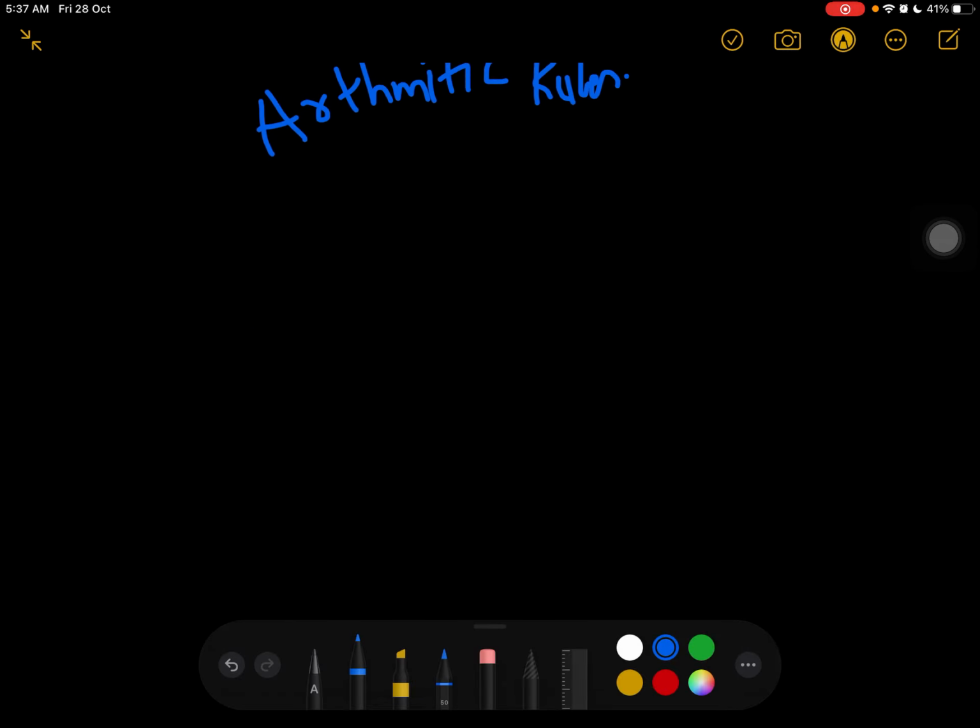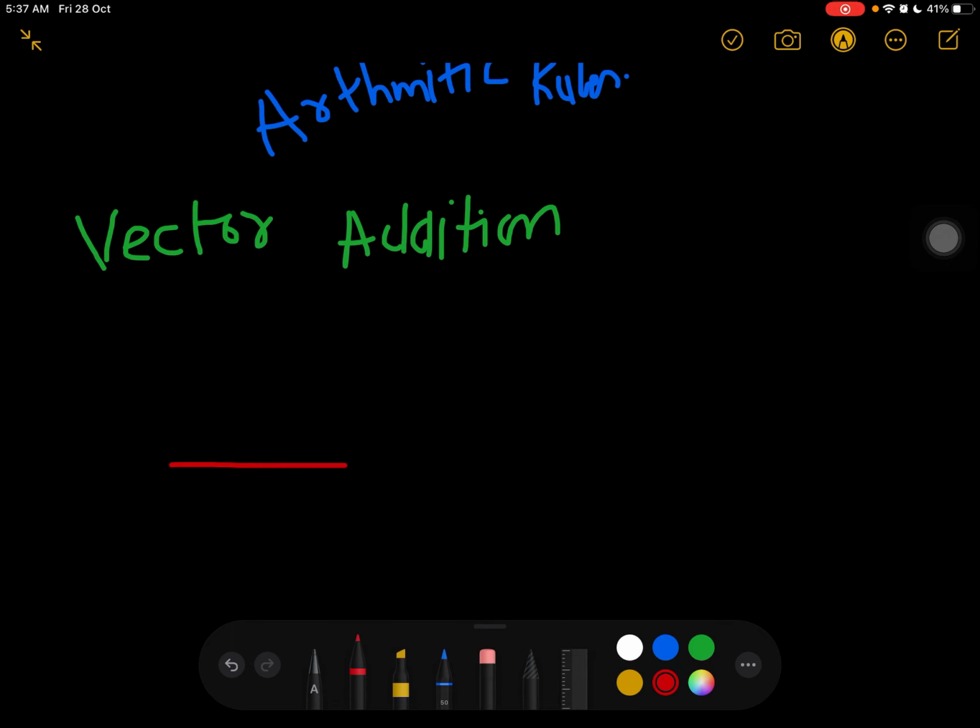Let's come here. But when we are adding vectors, or vector addition, for example, there is a girl who is moving 3 meter east, right?